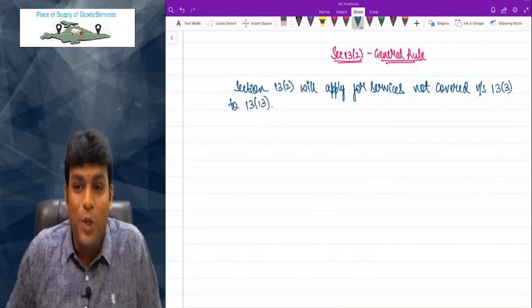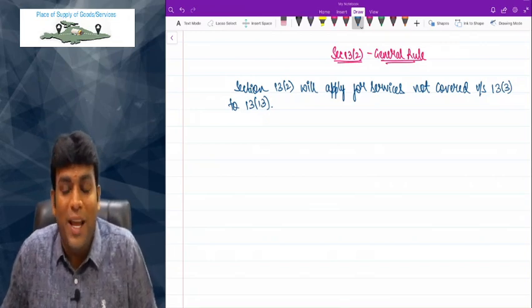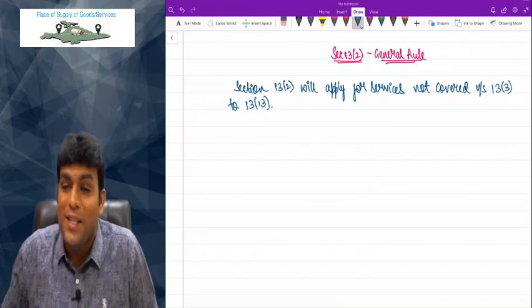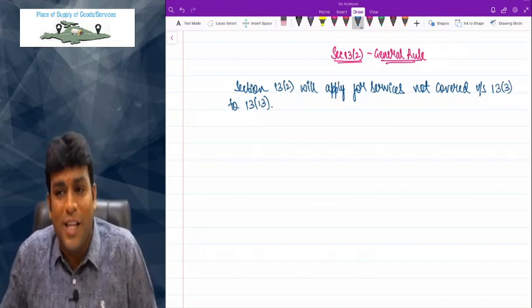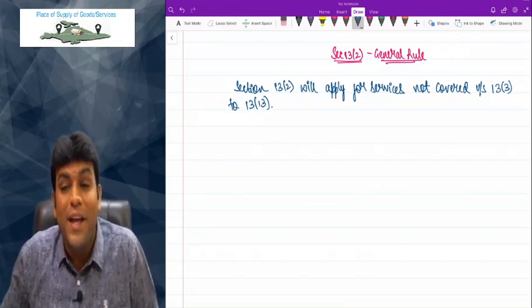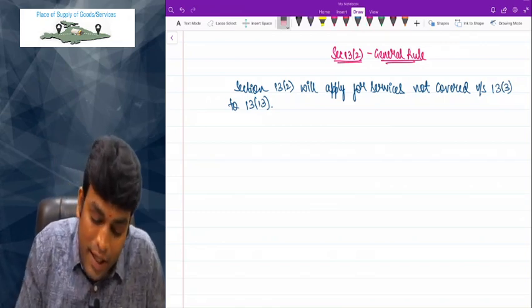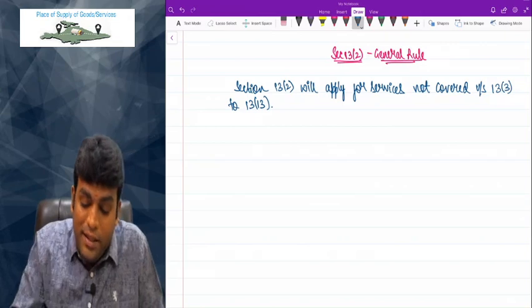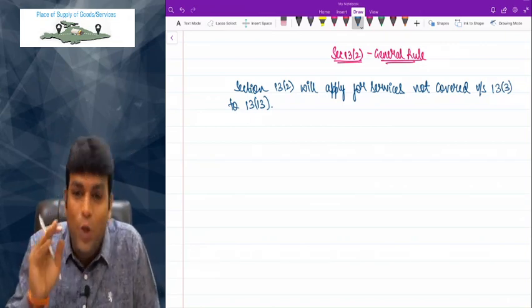Exactly. So there in 12.2 also we learned that 12.2 will apply for services not covered under 12.3 to 12.14. Same logic here also, section 13.2 will apply for services not covered under section 13.3 to 13.13. So for services which are not covered under 13.3 to 13.13, 13.2 will apply.